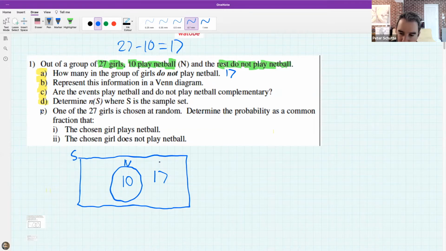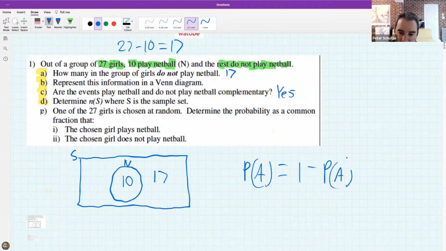Basically, these are two separate worlds, and there are only two types. They fill the whole sample space, so they are complementary. The other thing you'll see about complementary events is that they follow that probability P(A) equals 1 minus P(A'). And we'll get to that in a moment. I'll show you that.